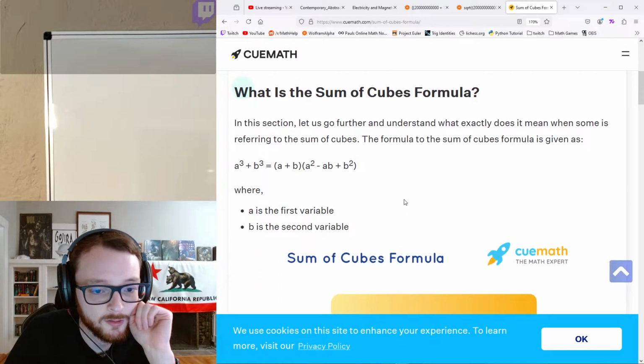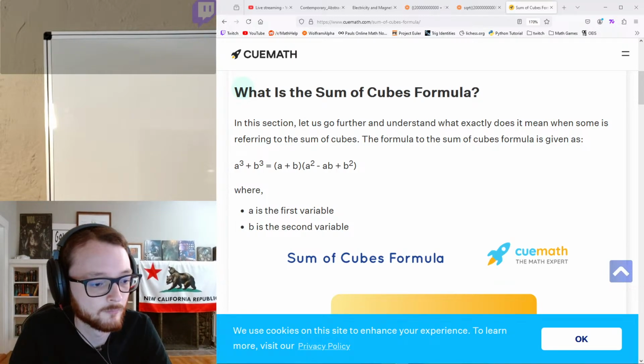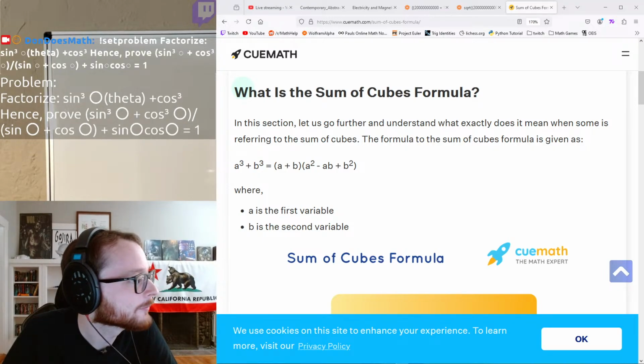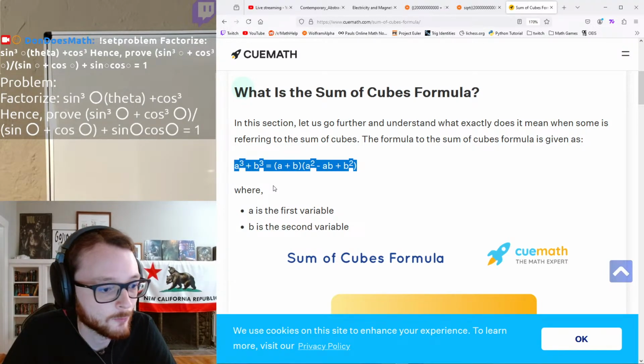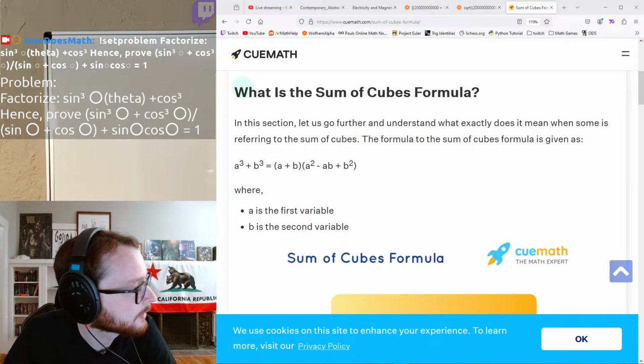Yeah, the YouTube chat can be a little bit of a pain with that. I think I get the idea, though. I guess that works. Not the prettiest problem text I've had in my life. But I assume we're going to apply this formula to sine cubed plus cosine cubed and hope for something. Oh, this actually might not need too many steps.